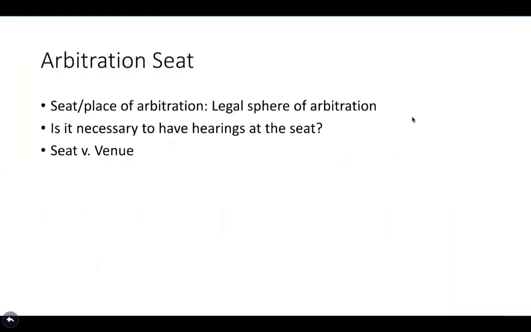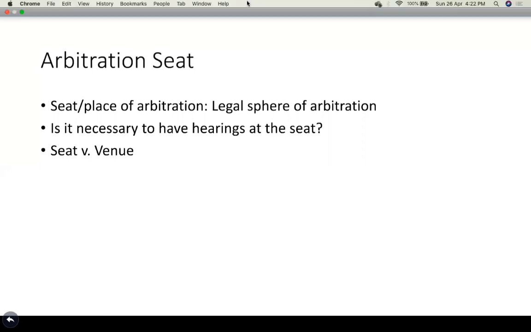And one of the important concepts which we should look at is the arbitration seat. An arbitration is given effect, and is provided a legal sphere, by the seat. Where is the arbitration happening? That's called the seat. So if the seat is India, it means that the Indian Arbitration Act will be applicable and the supervisory jurisdiction will be with the Indian courts.